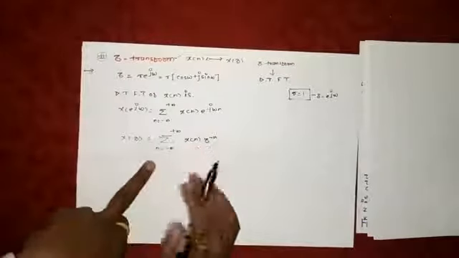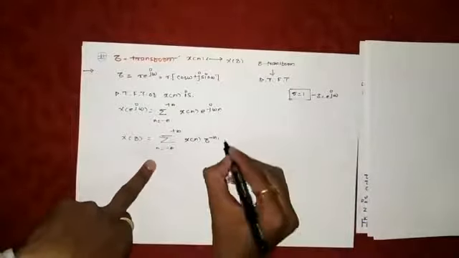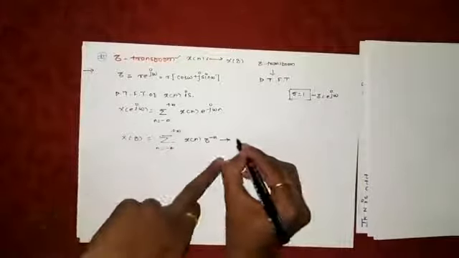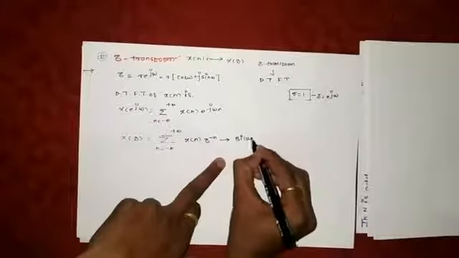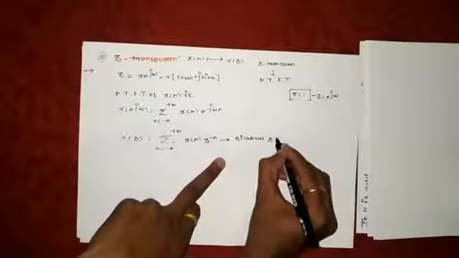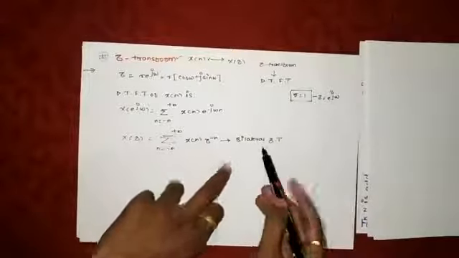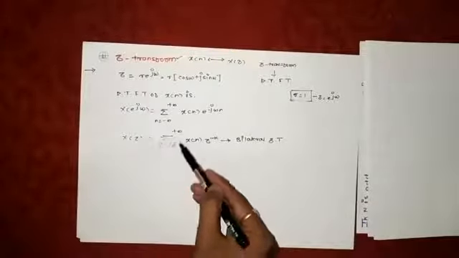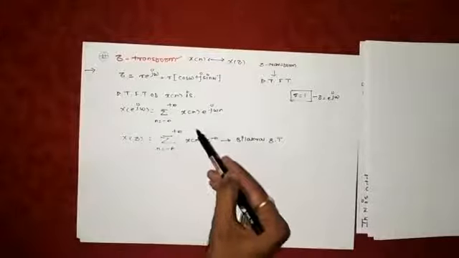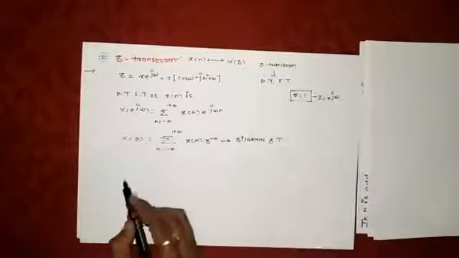If you see, the limits are from minus to plus infinity, that means this is a bilateral Z transform. It is known as bilateral Z transform because it has both limits, a negative side as well as a positive side.